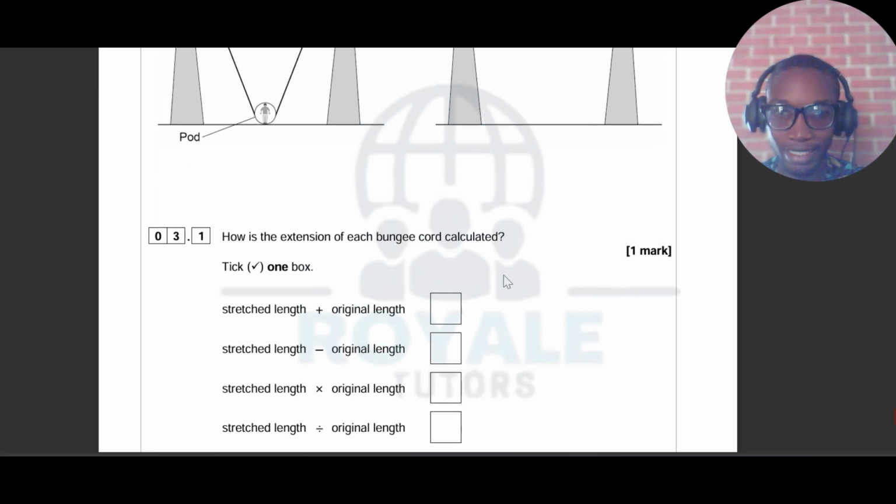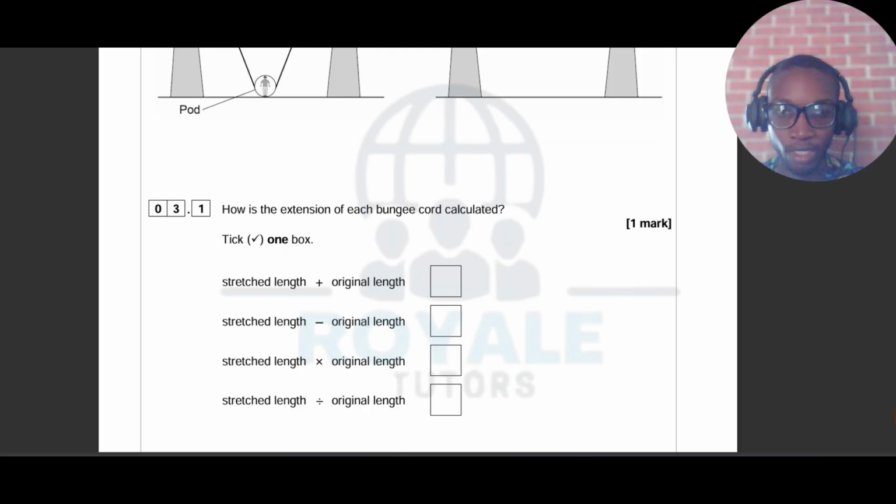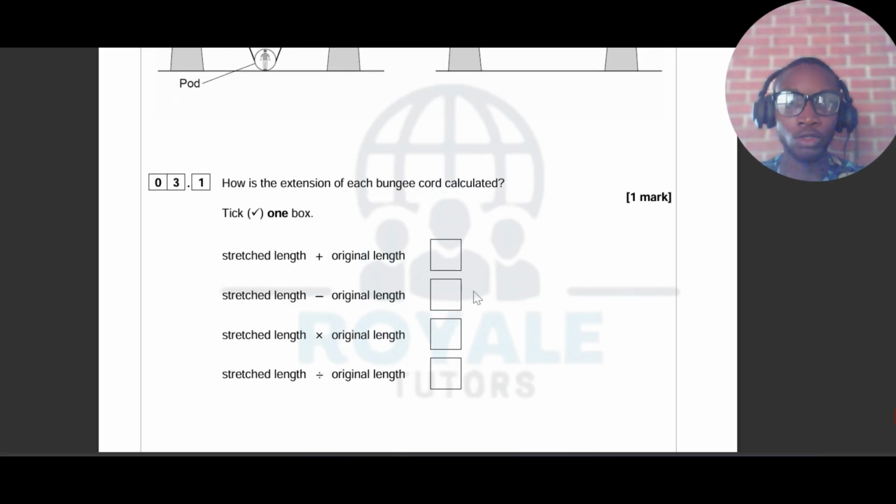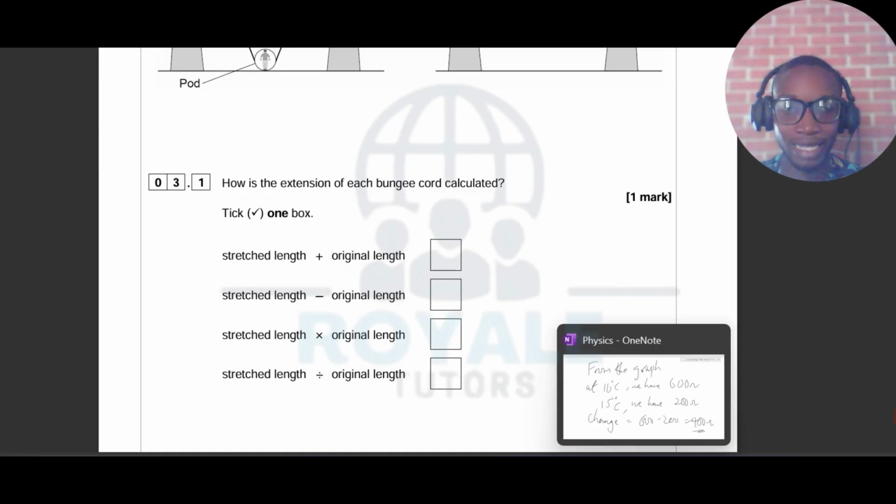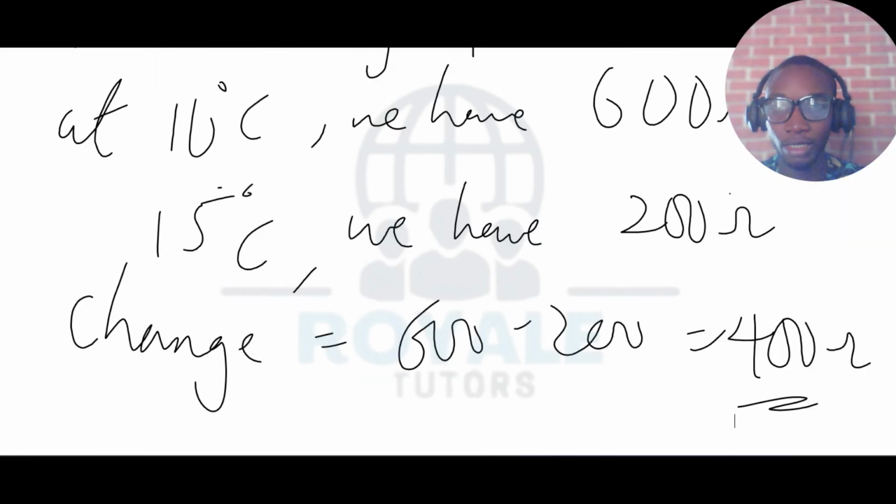But this is where we are going. How is the extension of each bungee cord calculated? If we are going to know the extension, this is something that we learned under Hooke's law, where we talk about force, extension, force constants, and all of that. And from there, when we want to calculate extension, what does extension really mean?